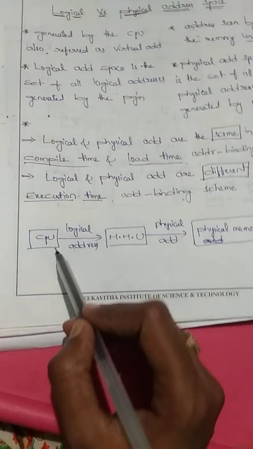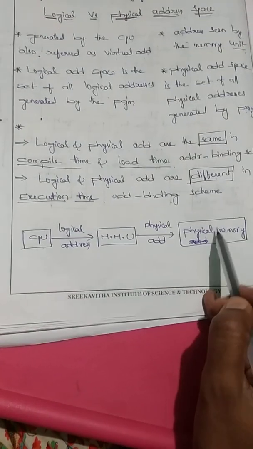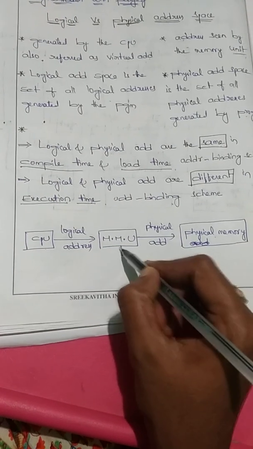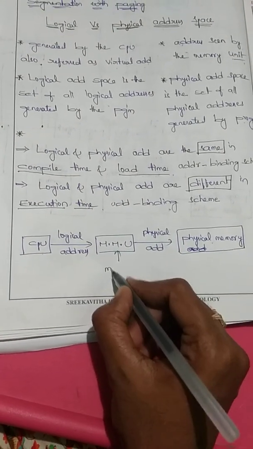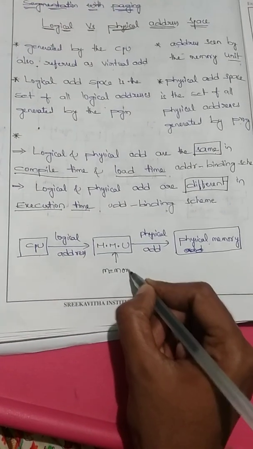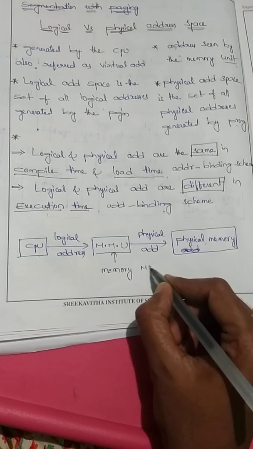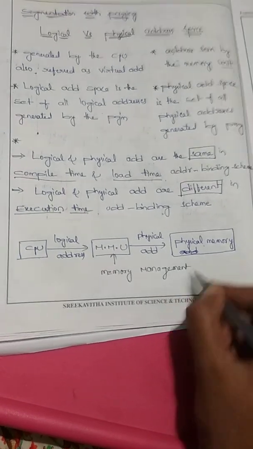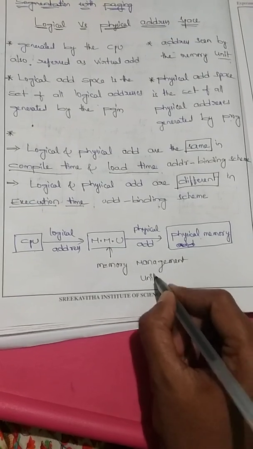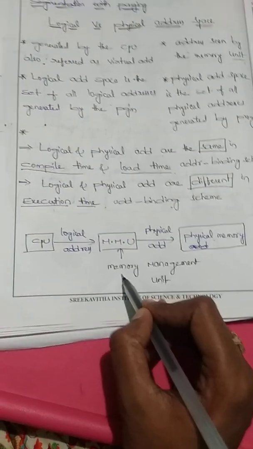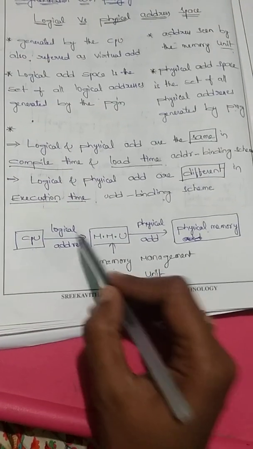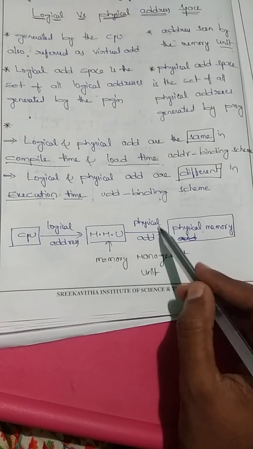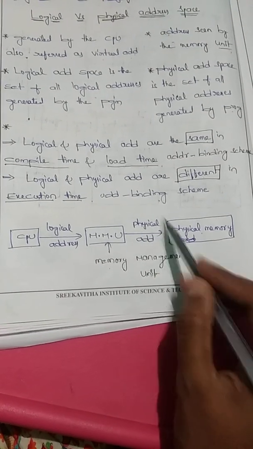So see here, we are having the CPU and the physical memory. In between is the memory management unit. The CPU has the logical address, and coming to the physical memory, we are having the physical address.